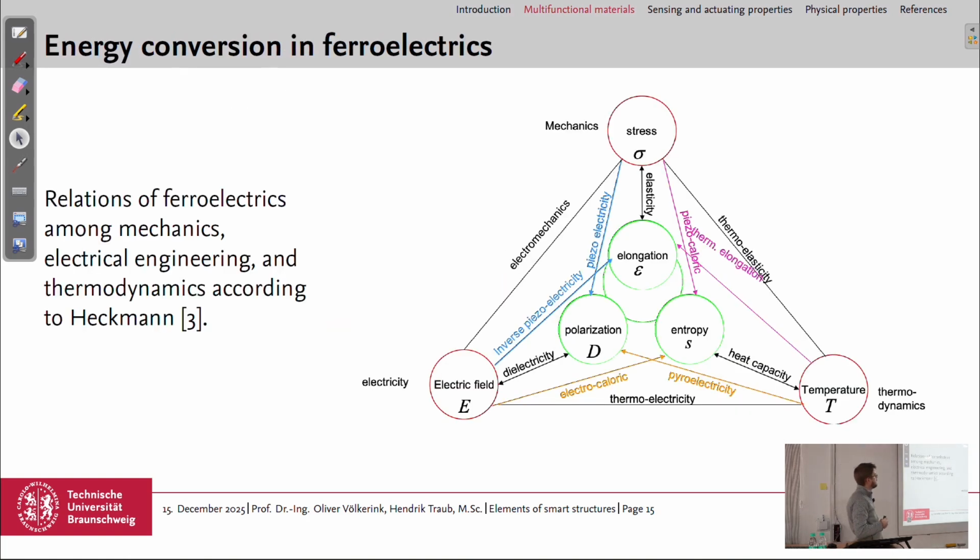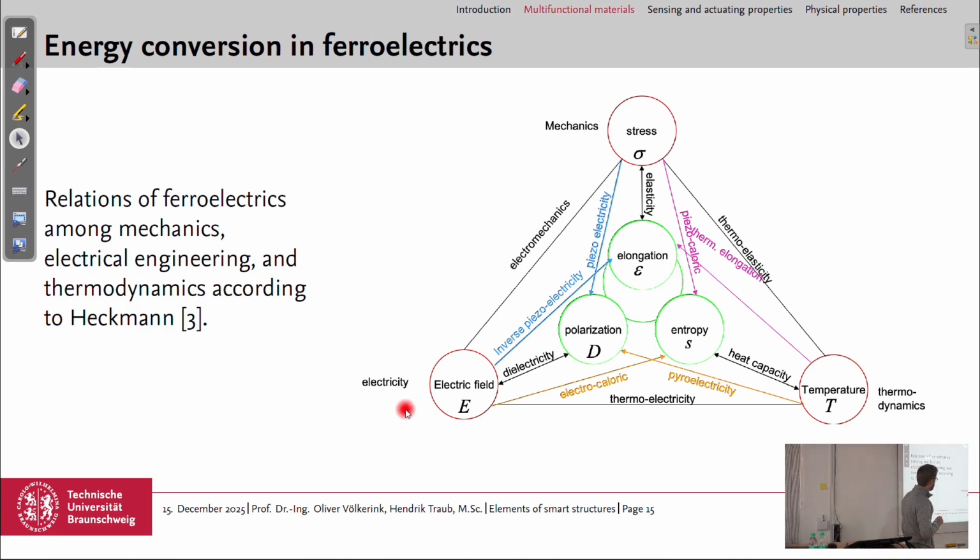So coming back to energy conversion in ferroelectrics, we have different relations of ferroelectrics among mechanics, electrical, and thermodynamics. And this figure is from Heckmann. And I don't know if you can really read it from behind, but I will go through it. So we have here mechanics characterized by the stress sigma.